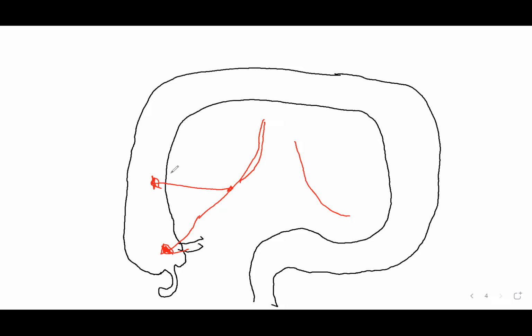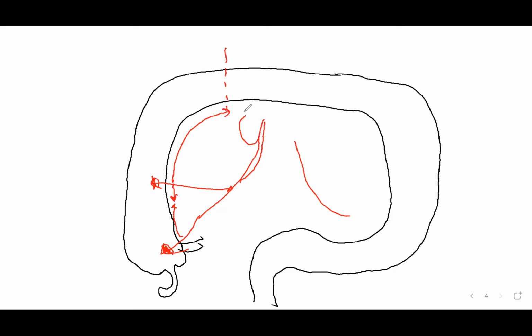So these are branches that supply up to the proximal third of the transverse colon. The ileocecal artery also has a branch that is ascending and anastomosing with a branch coming from the what? Right colic artery. Then you have the middle colic artery.